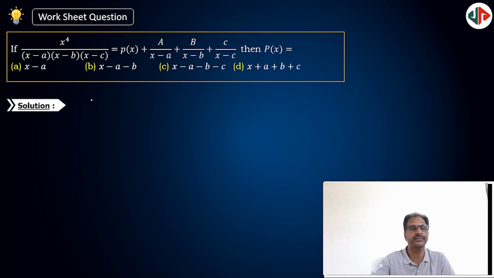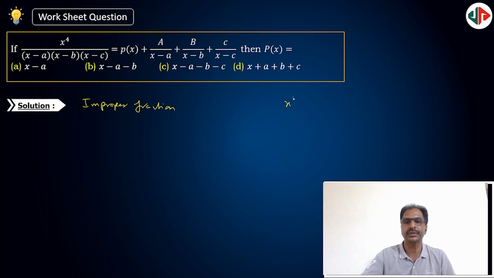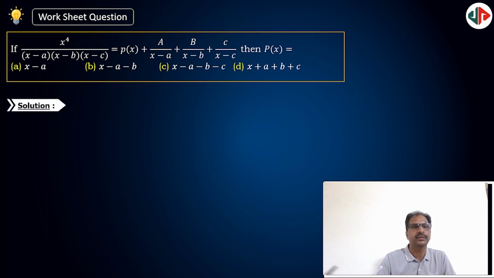Here also the degree of numerator is 4, degree of denominator is 3. Again it is an improper fraction. Whenever the degree of numerator is more than the degree of denominator, to get the quotient you have to divide x power 4 with the denominator.